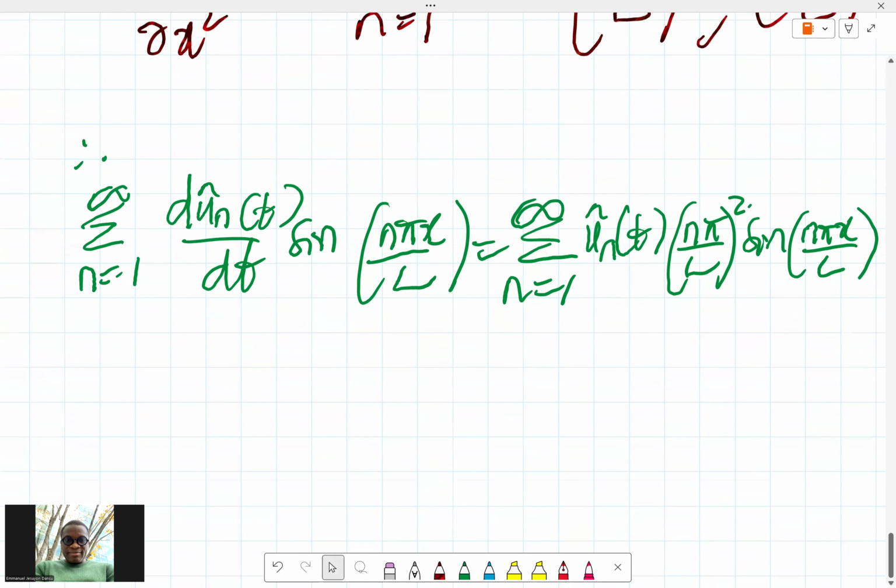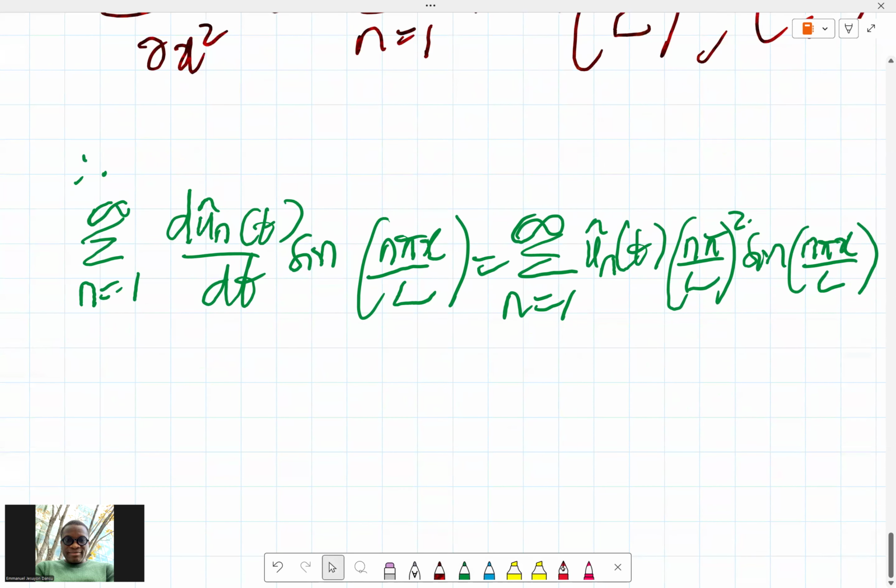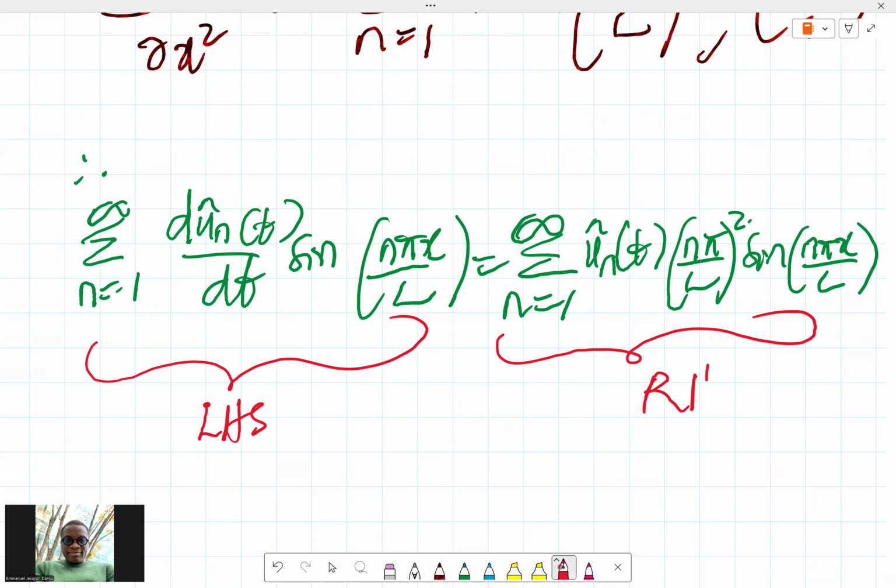So this is the left hand side, and this is the right hand side.